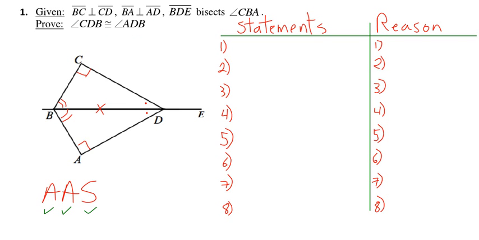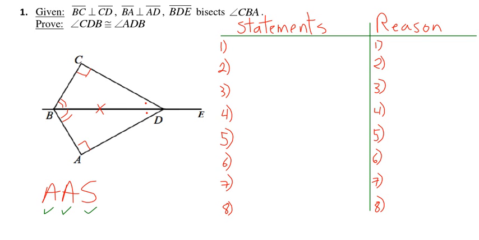So now we write, because we have analyzed, we have planned, we already know what we're going to write and how we are going to go starting from the givens all the way to the end. So I'm going to start by writing the givens the same way that I did on the plan.